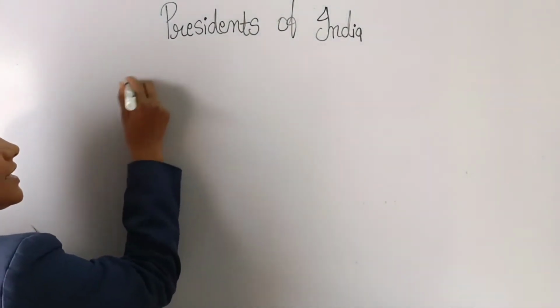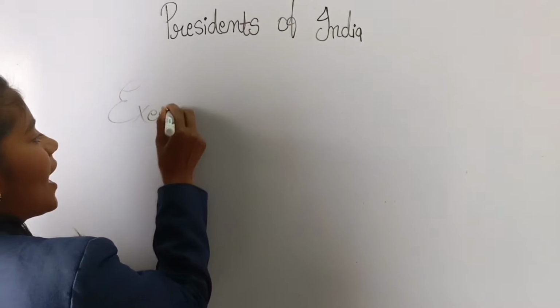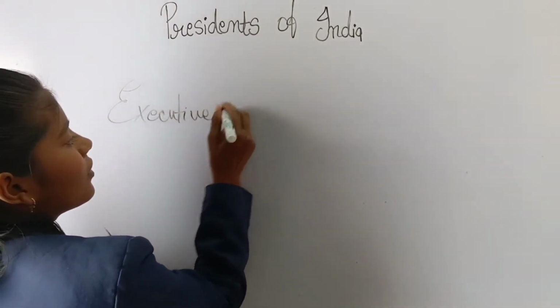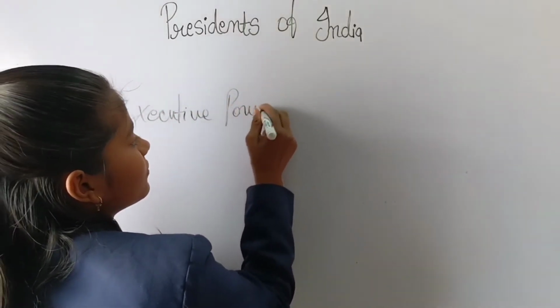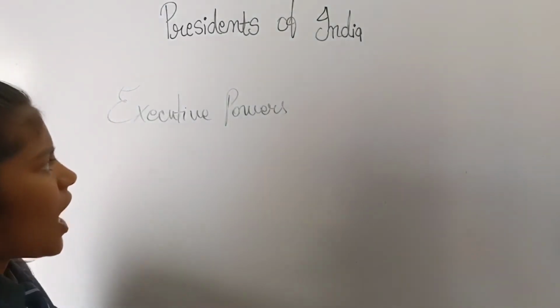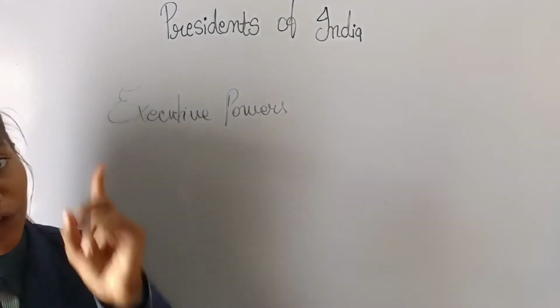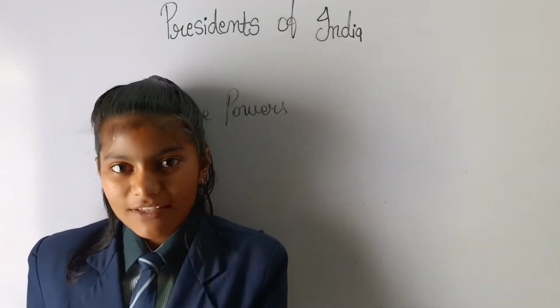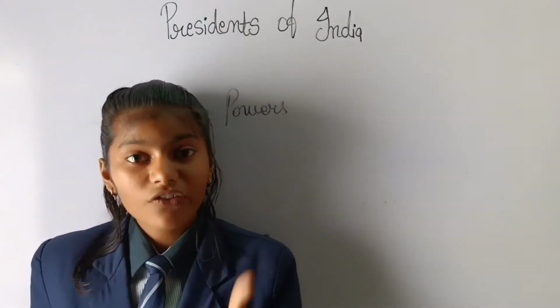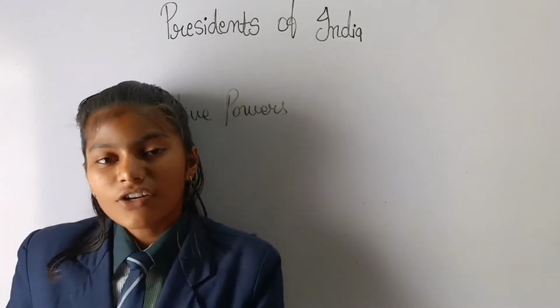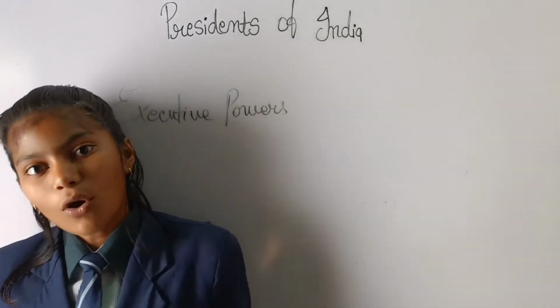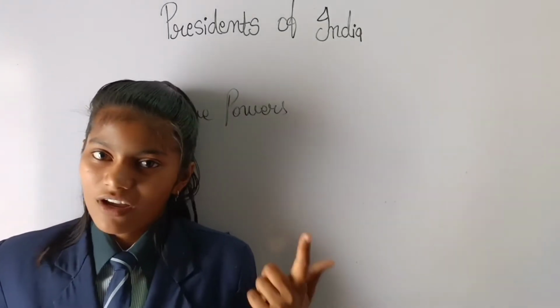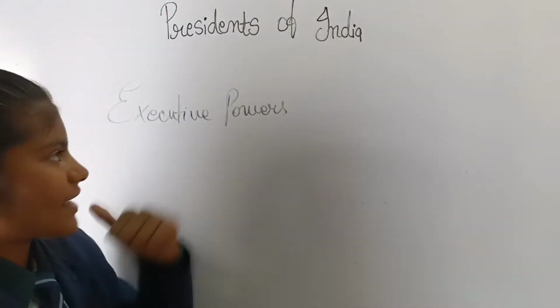So what are executive powers? You have to tell what the executive organ of the constitution is, as I mentioned. Yes, the executive is actually the organ which implements the law made by the legislature, right? So this is the executive.